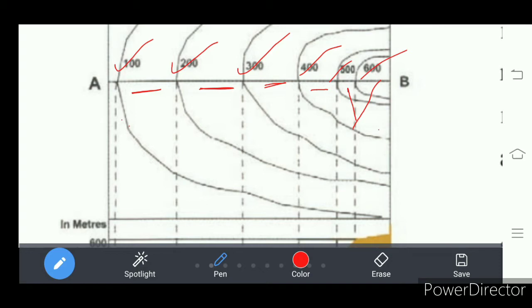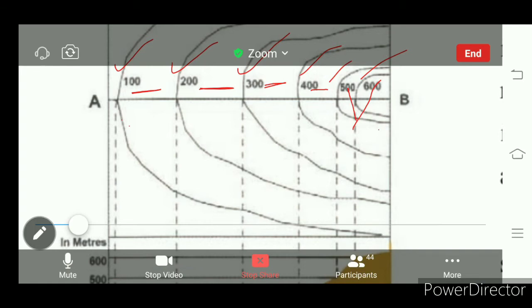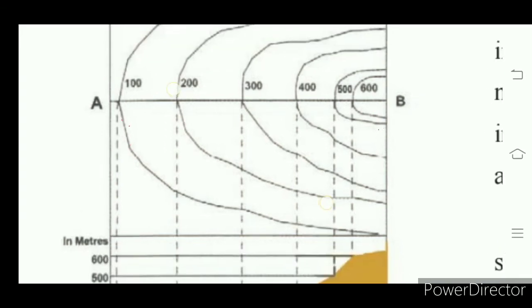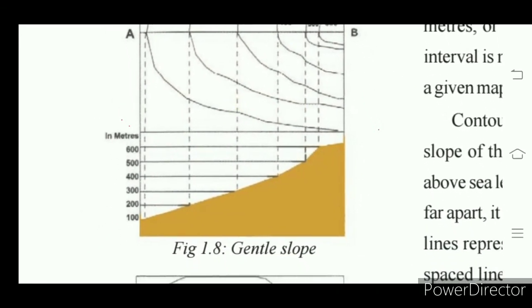It indicates here the slope is not gentle. It is somewhat steep slope. So when we find the distance is much more among all these contour lines, we should understand there is a gentle slope.